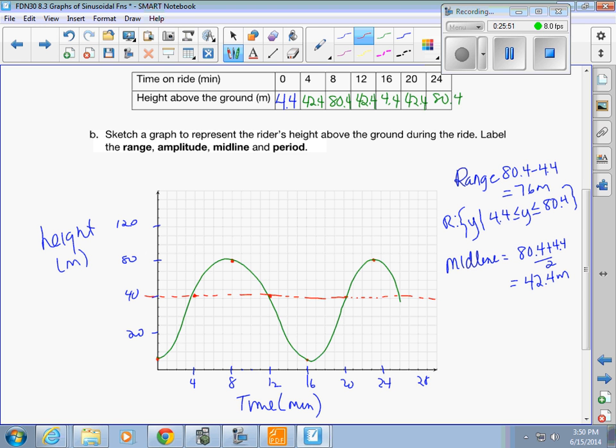Pretend that's nice and straight. And what don't I have for you? Oh, the amplitude. Your amplitude is your maximum minus your minimum divided by 2, so that is 76 divided by 2, which is 38 meters.